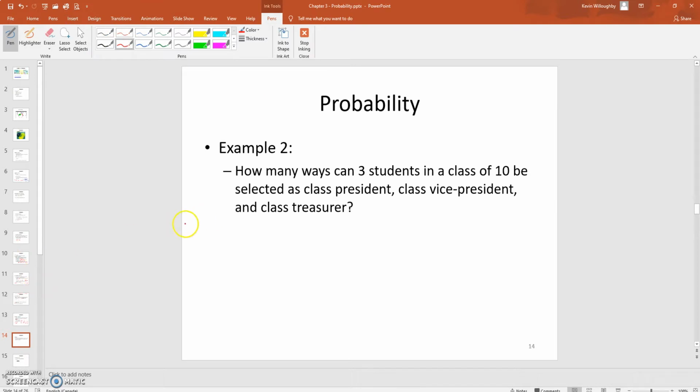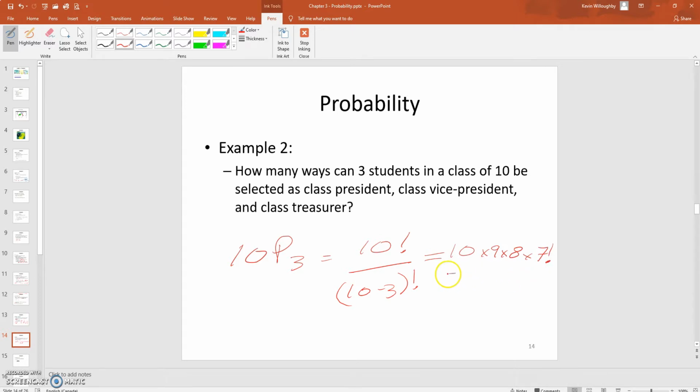So we have 10P3. So we have 10 factorial over 10 minus 3 factorial. So 10 factorial is 10 times 9 times 8 times 7 factorial.